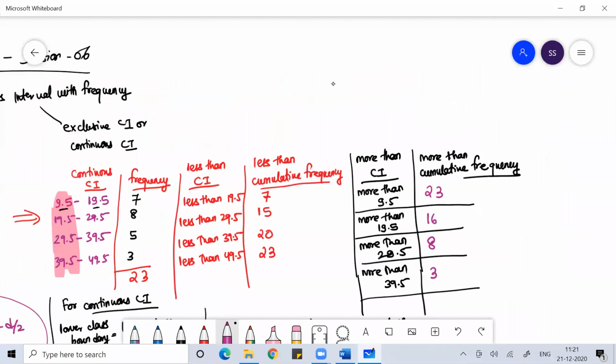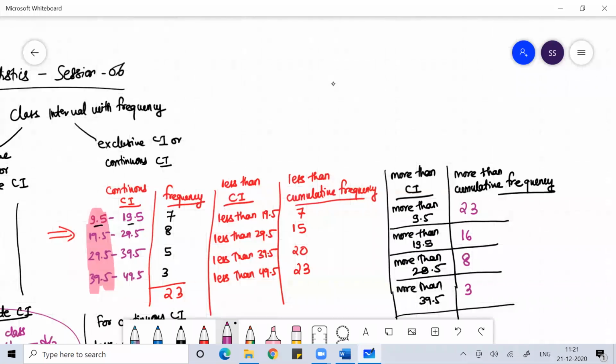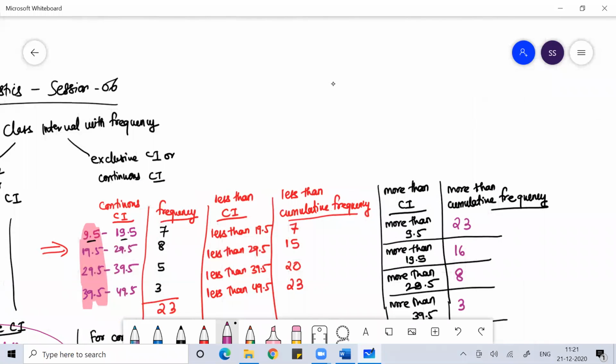See this, everyone. Anyone have any doubt? Ask me. I want you to understand this.